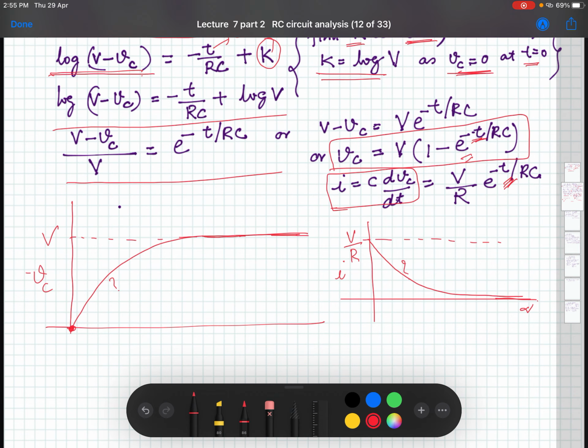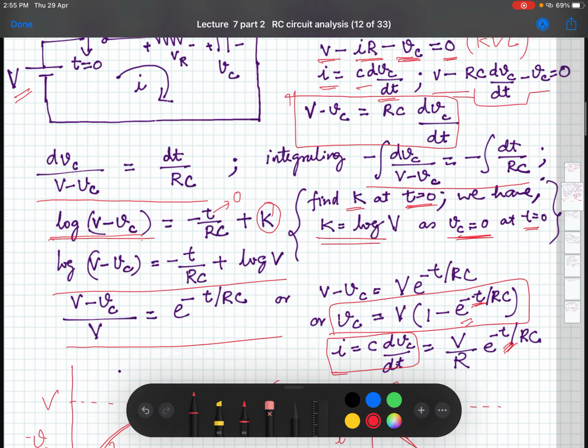So this is how it reduces. So we do not know how it will rise to that point or how it will go down to that point, but we knew this point and this point through our intuitive analysis.